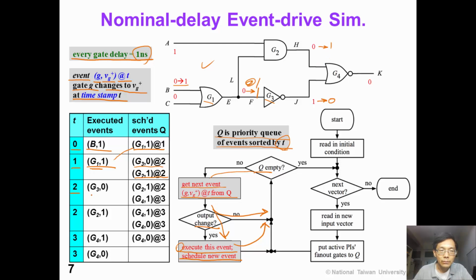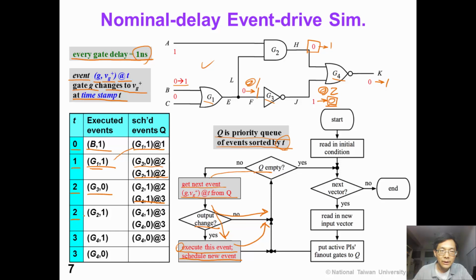Now at timestamp 2, we execute this event, so now G3 output is 0. When we evaluate gate G4, please note that J is equal to 0, but H is still 0 at this time. So we will schedule a new event at time 3 where G4 output will become 1.